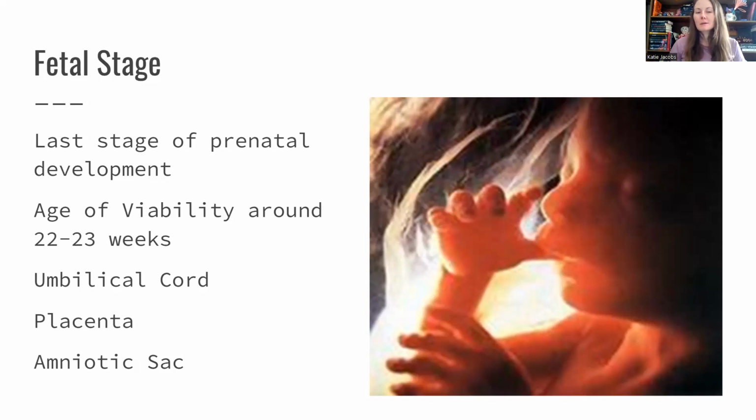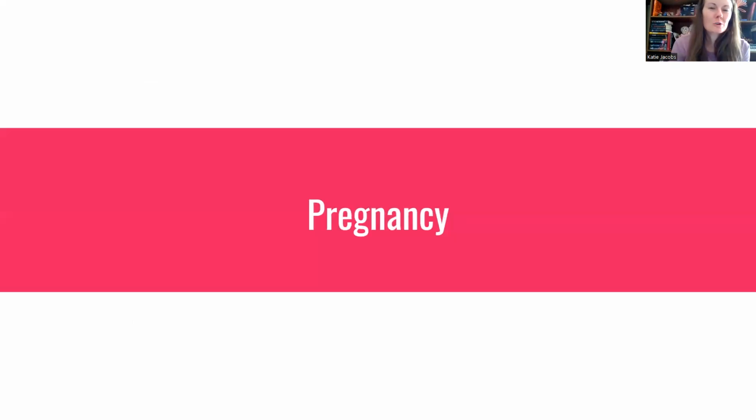So earlier when we were talking about the mucus plug, it also helps to protect the baby from bacteria from outside of the womb. As a woman progresses through labor and birth, we can lose that mucus plug, which looks like clear jello. Sometimes it can be tinged with a little bit of blood, but that's future us. And by future us, I mean later in this presentation, where we'll talk more about that.